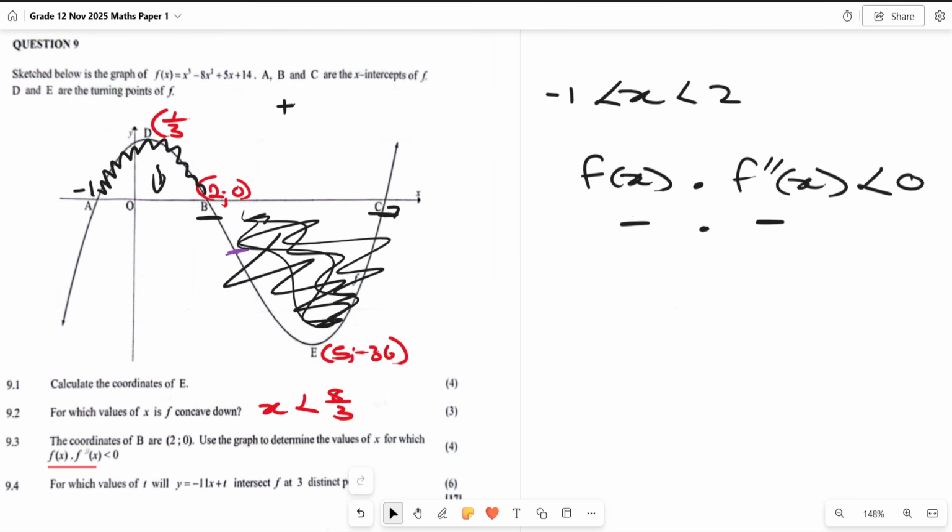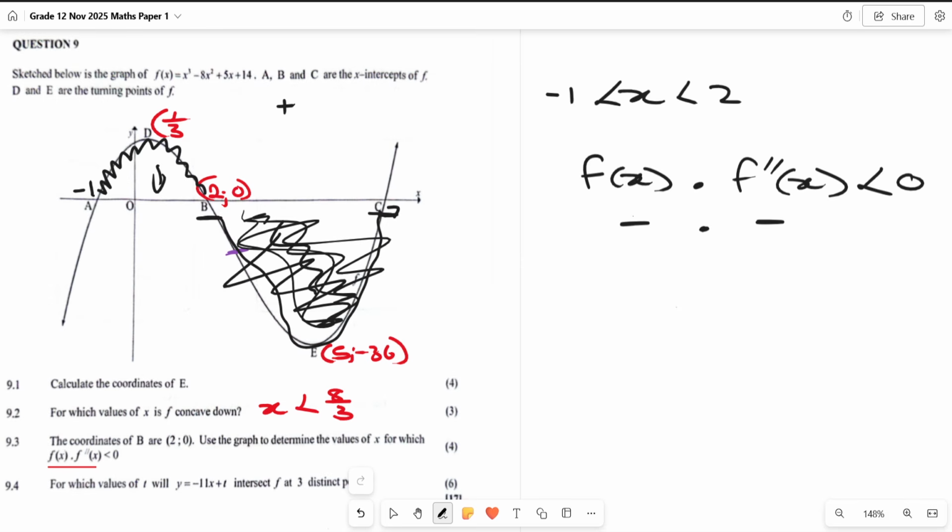Remember, you just need to know those basics. We can't take this for our answer because the graph is below, and we can also see that our shape is concave up.